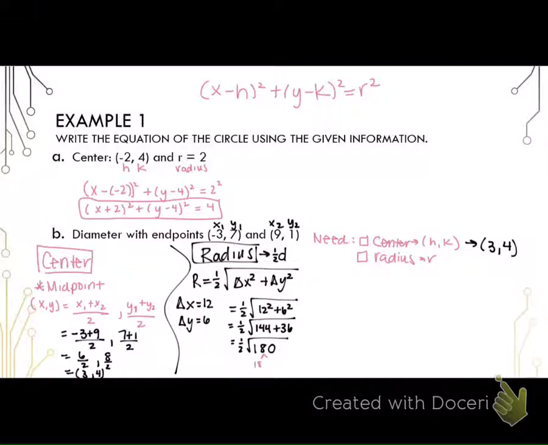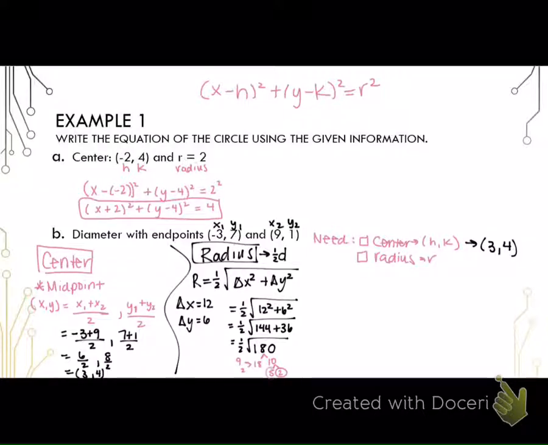So I got 18 times 10, which is 9 times 2, right? 5 times 2, and 3 times 3. So how does that simplify, guys? What do we take out? Take out a 3 and a 2. What's 3 times 2? So I have 1/2 of 6, and then what's left underneath? 5, so half of 6 is 3, so I have 3 root 5 for my radius.